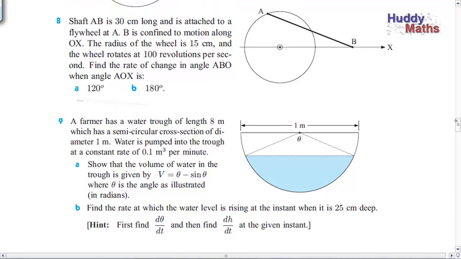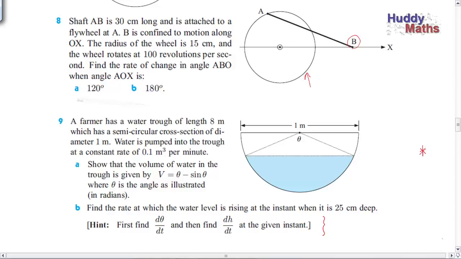That shaft driving a piston or something here at B. This is a flywheel. Okay, and then the problem here about the water trough. That's a good one. Scratch your head about that one. And here's a hint down here. Okay, so you might play with that a bit.